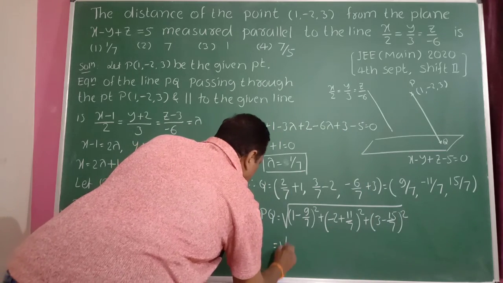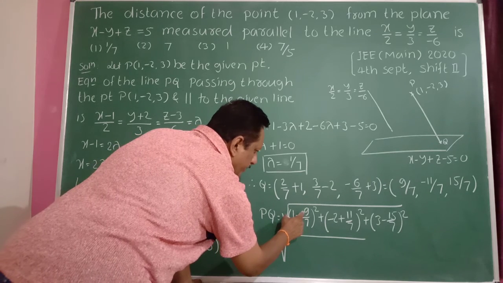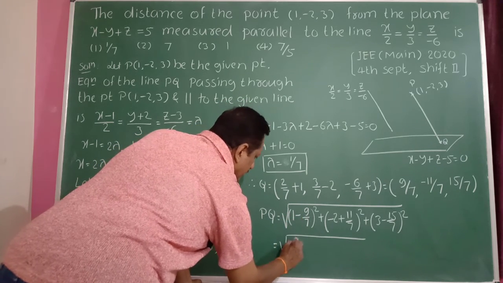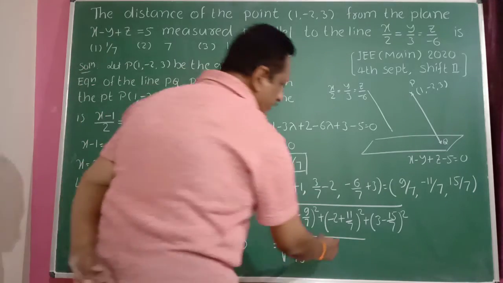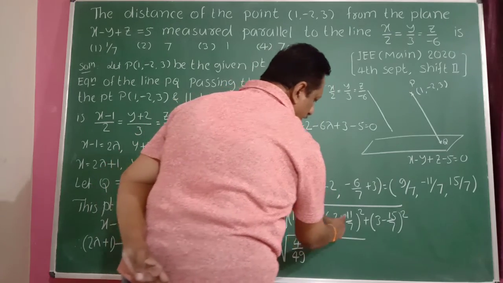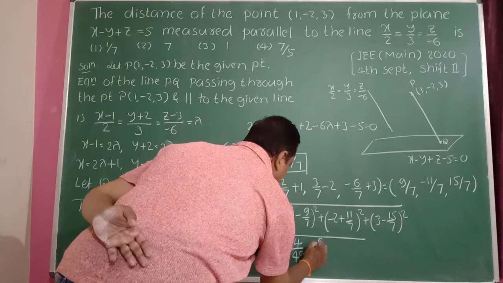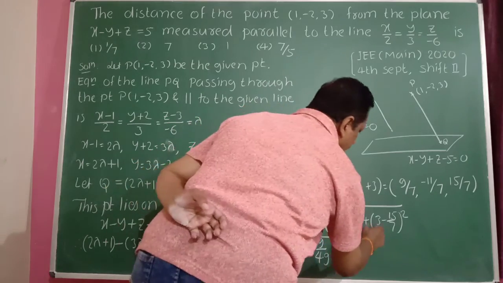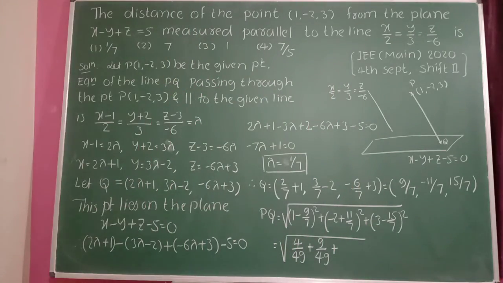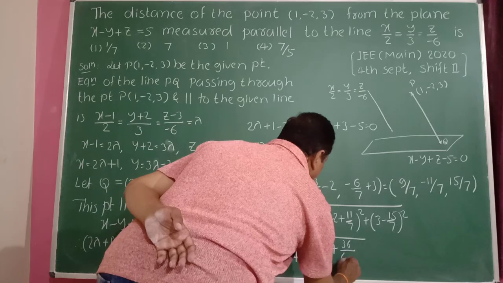Therefore this is equal to the root of (7 - 9)/7 = -2/7, giving 4/49. Then (-14 + 11)/7 = -3/7, and -3 squared is 9 over 7 squared, which is 49. Then (21 - 15)/7 = 6/7, and 6 squared is 36 divided by 49.